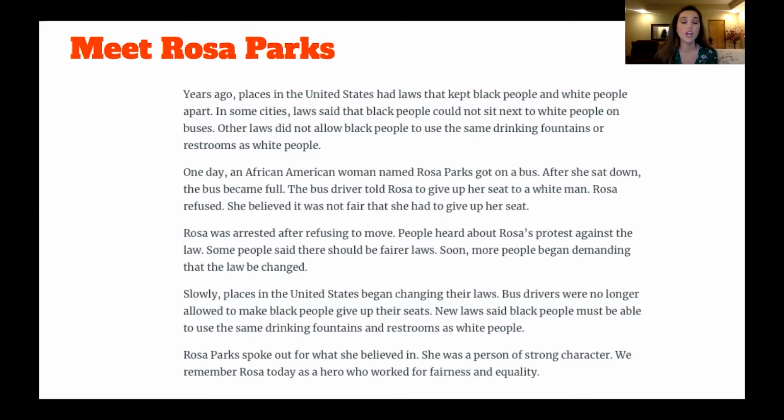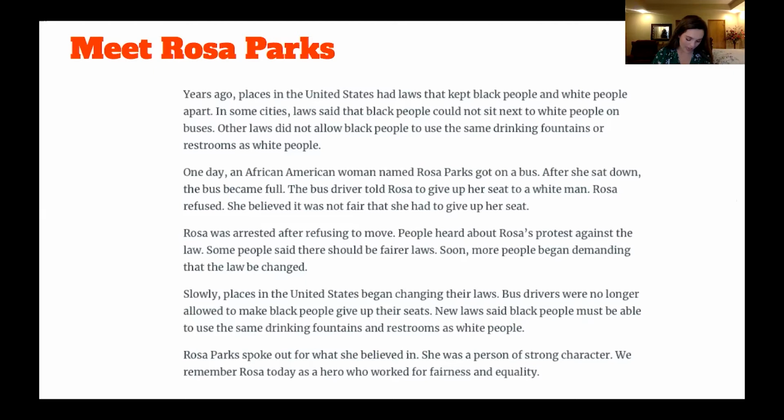Rosa refused. She believed it was not fair that she had to give up her seat. Okay, so she did not believe that it was fair she had to give up her seat. Awesome. So we are going to write paragraph 2.